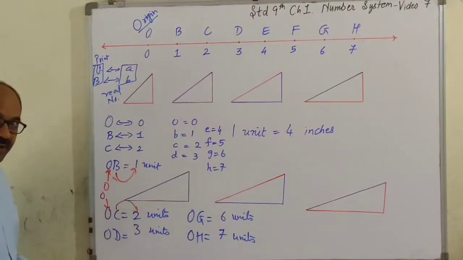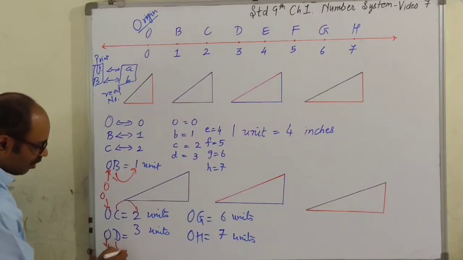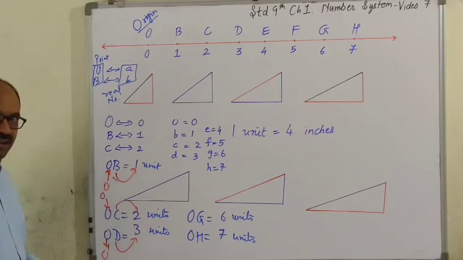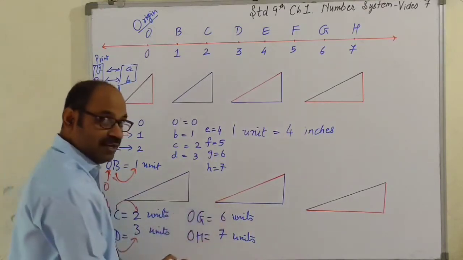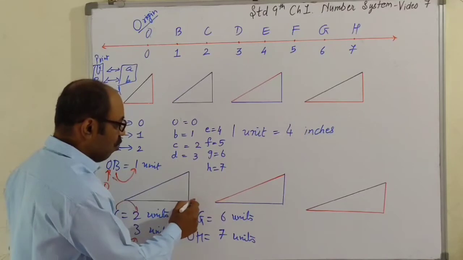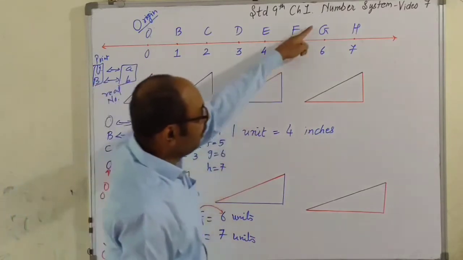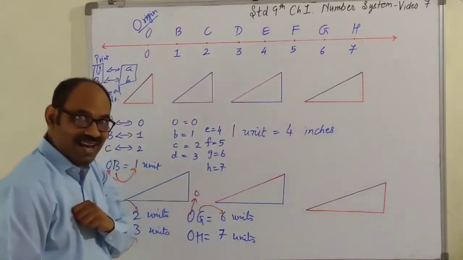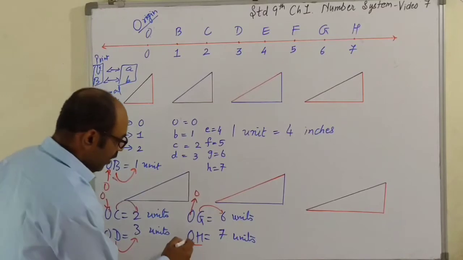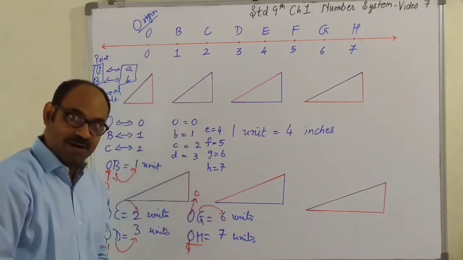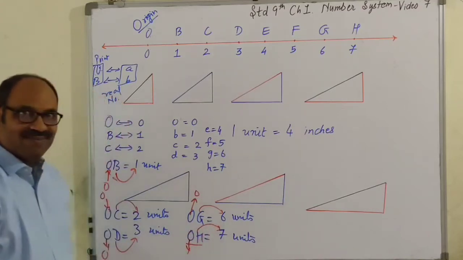OD is 3 units. The number corresponding to O is 0. So which number will correspond to D? 3. Correct? OG is 6 units. What number corresponds to O? 0. So what will correspond to G? 6. G corresponds to 6. You can see that. What is OH? 7 units. O is origin, means number corresponding to that is 0. So what corresponds to H? 7. Correct?